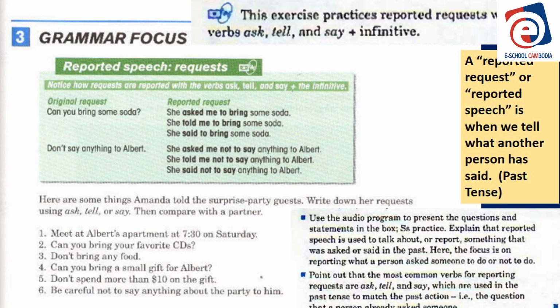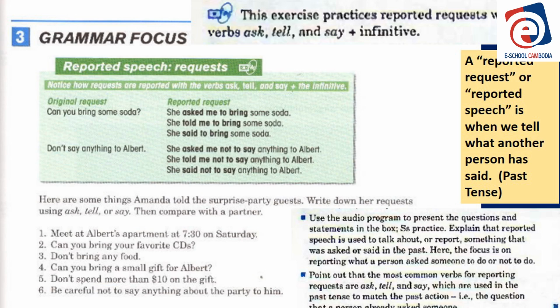Explain that reported speech is used to talk about or report something that was asked or said in the past. Here, the focus is on reporting what a person asked someone to do or not to do. Point out that the most common verbs for reporting requests are ask, tell, and say, which are used in the past tense to match the past action.